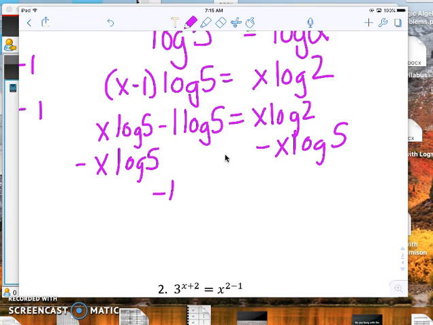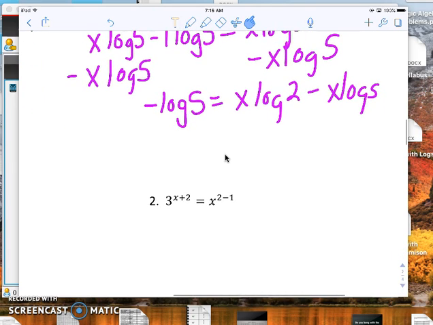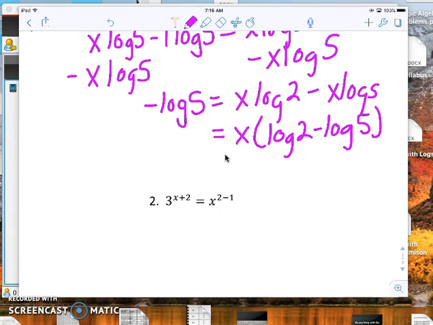So we have negative 1 log 5, or negative log 5, equals x log 2 minus x log 5. And so now we have to factor out an x on this side. So x times log 2 minus log 5.